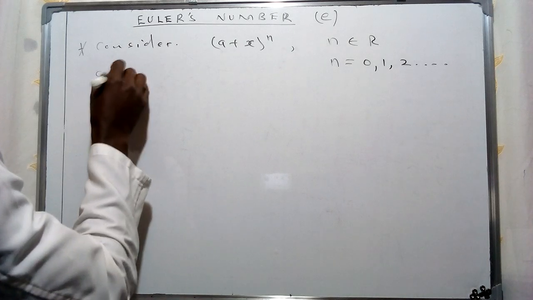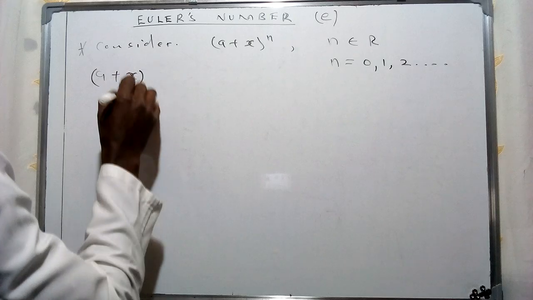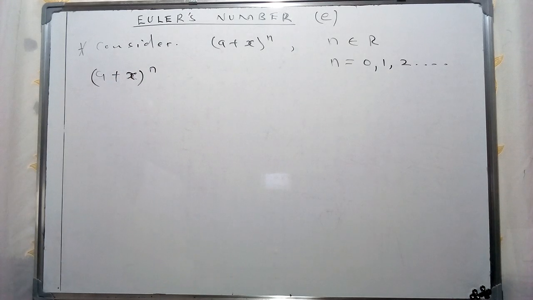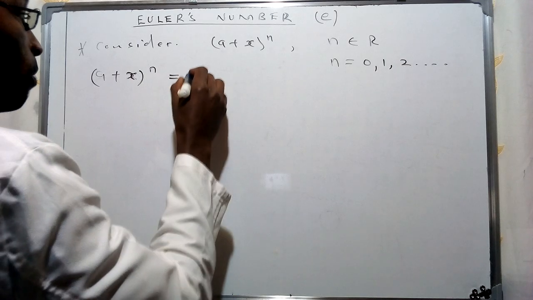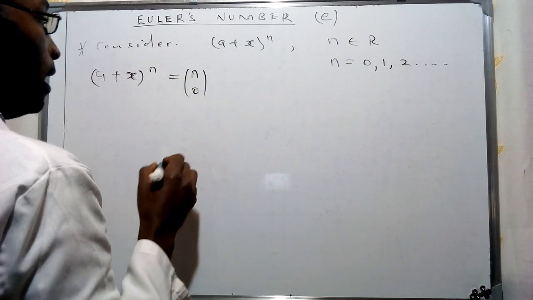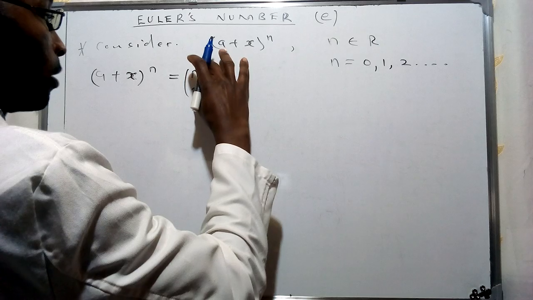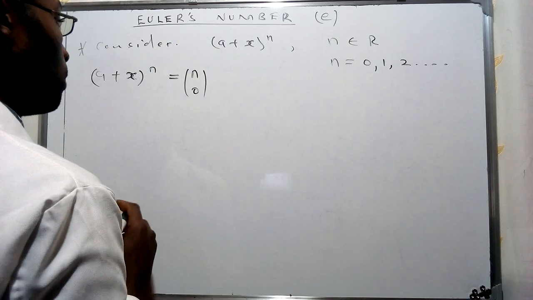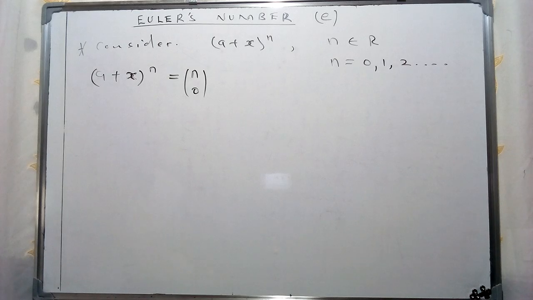Then we can have this expression given as (a + x) raised to the power of n, and this can be expressed in the form of this combination whereby we're going to have nC0. These are, of course, the derivations of the concepts of the combination rule, which I'm going to be mentioning shortly after this evaluation.